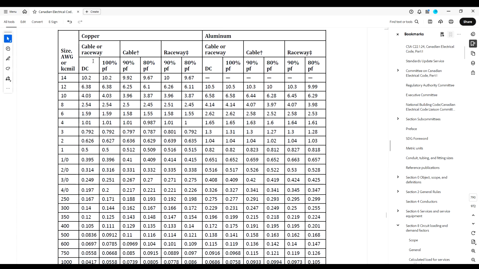Honestly, it doesn't matter: copper, cable or a raceway with 100% power factor, you're coming down here. We need a number that's equal to or less than 3.91. Going down this column, we can't use the number 10 because that exceeds 3.91. So a number 8, we can use a number 8 conductor.